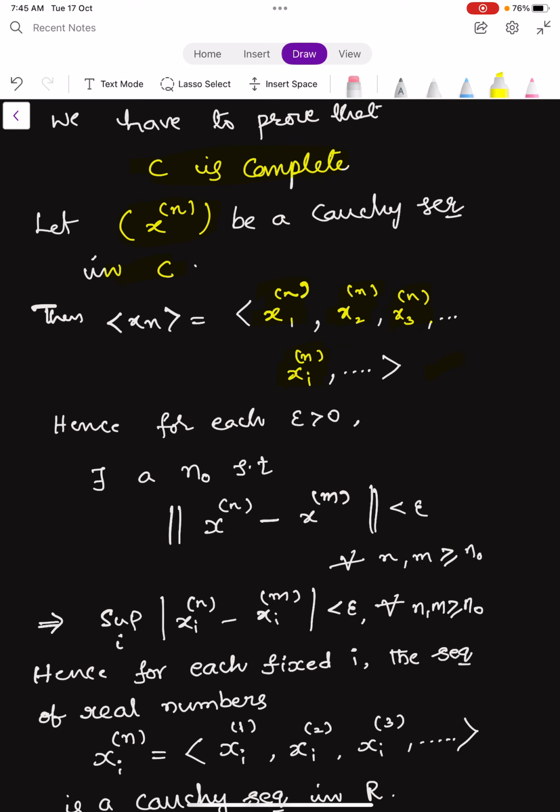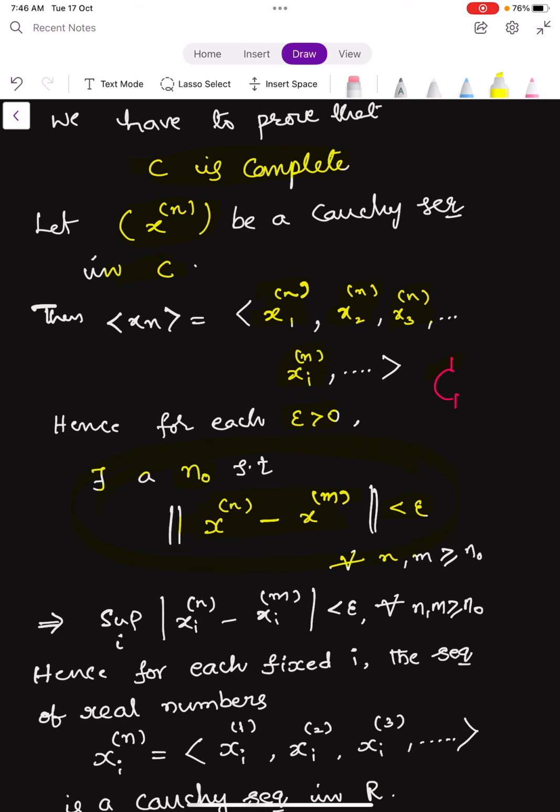We assume that C is the set of all convergent sequences. By the definition of C, for each epsilon greater than 0, there exists a positive integer n naught satisfying the condition that norm x power n minus x power m is less than epsilon.